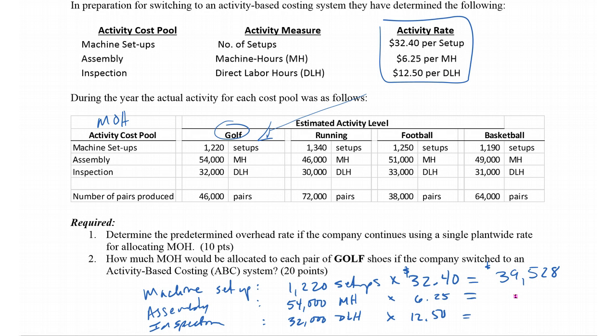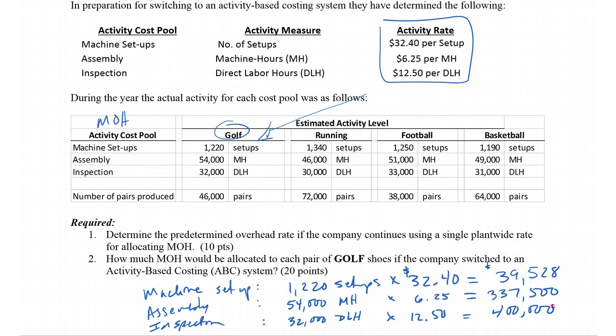And then assembly is 5,400 hours times $6.25 per machine hour. So that is 33,750. And the last one is inspection, 32,000 direct labor hours times $12.50 is 400,000.